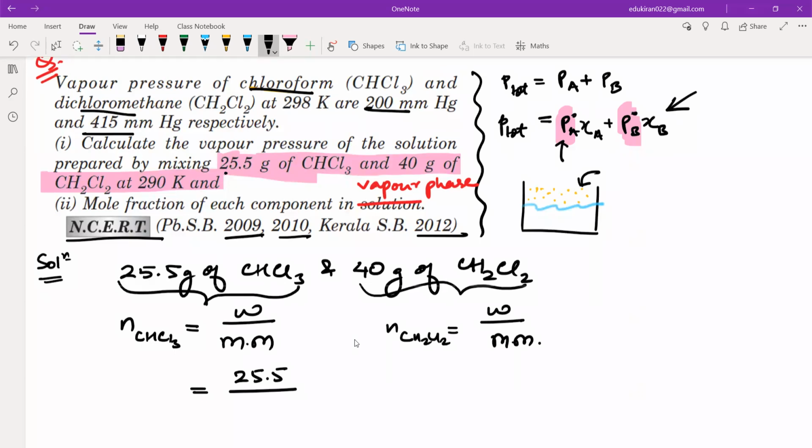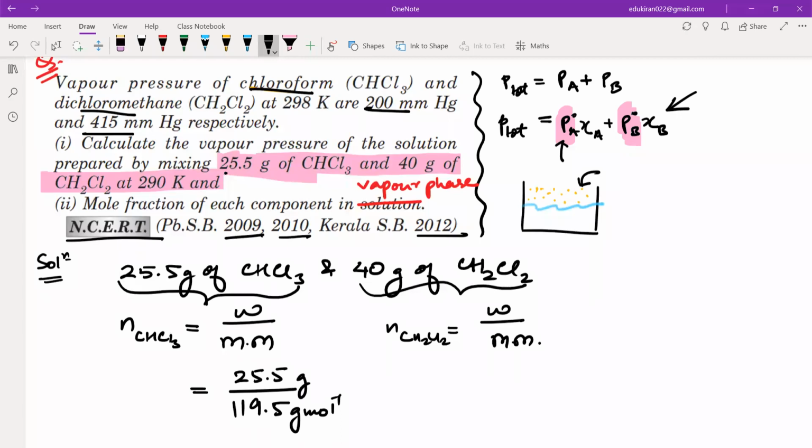Chlorine is how much? 35.5, right? 35.5 times 3 is 106.5, plus 12 for carbon and 1 for hydrogen, so CHCl3 will be 119.5. Please confirm this. Yes, exactly, 119.5 grams per mole.